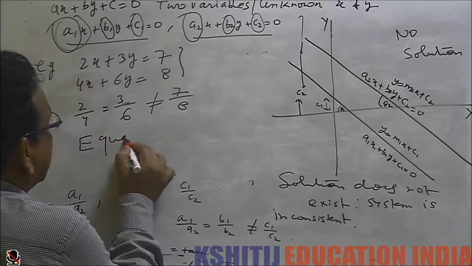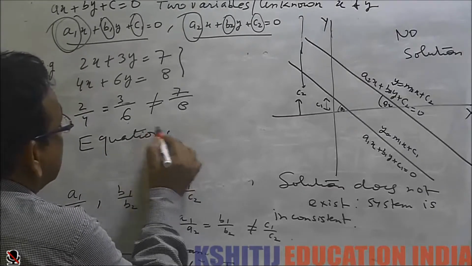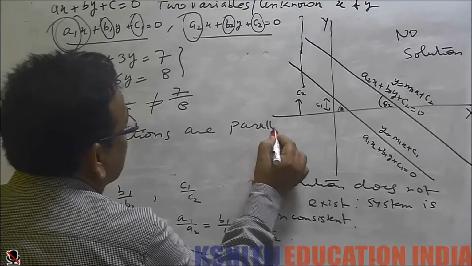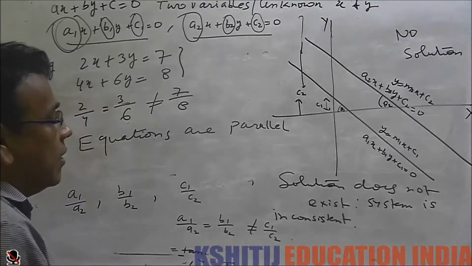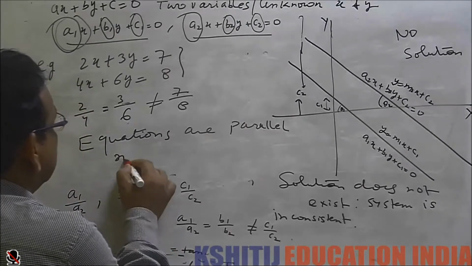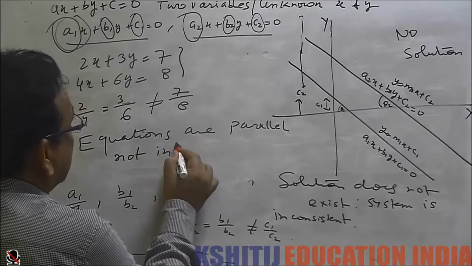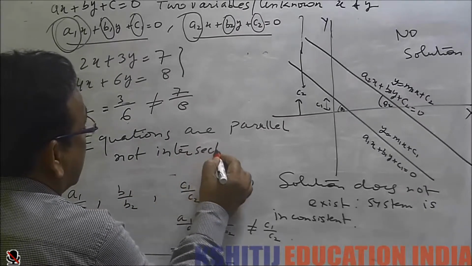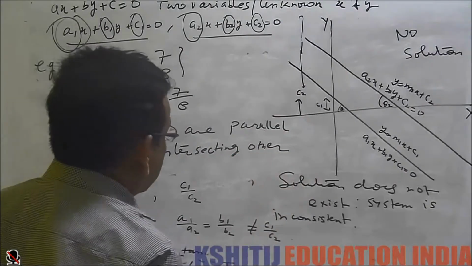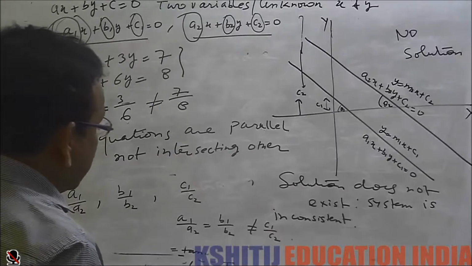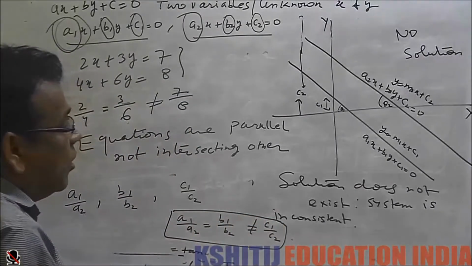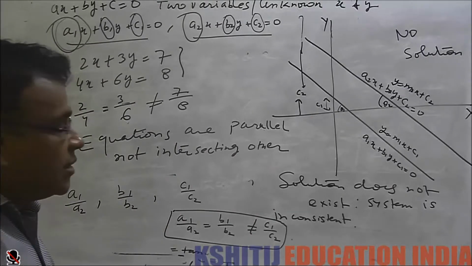In the graph, we can say equations are parallel, they are not intersecting each other. So no solution. So that's our condition. For a system to be inconsistent, this should be met.